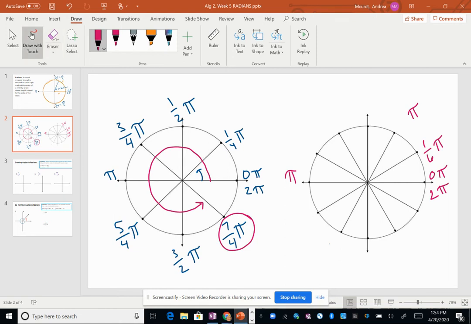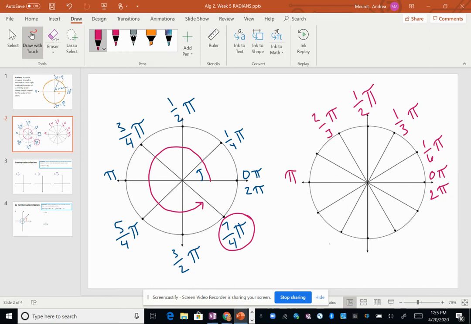So I'm going to do that, 1/3. And then 3/6 of pi, 3/6 is equal to 1/2. So 1/2 pi. And then this would be 4/6 of pi. And again, 4/6 can be simplified because 4 and 6 are both divisible by 2. So factor out the 2 and you get 2/3 of pi.